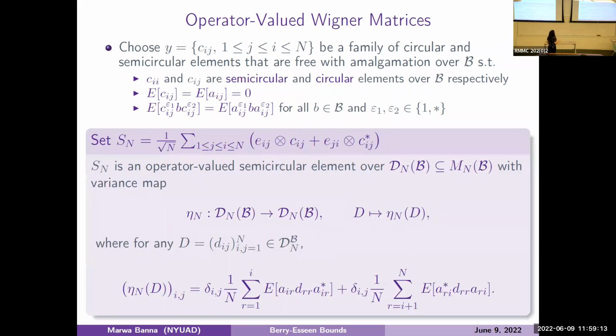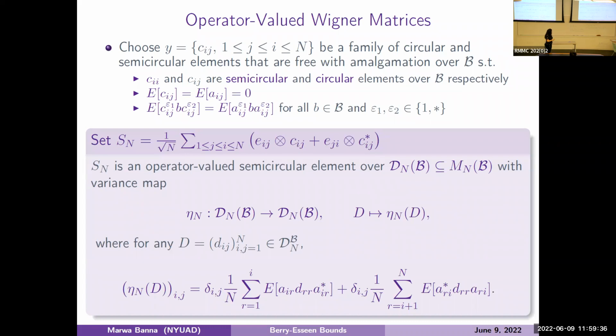And now we choose our yi's to be semicirculars on the diagonal and circulars on the off diagonal, and we assume that they are all freely independent with amalgamation. Then we construct this matrix Sm using these semicircular and circular elements.